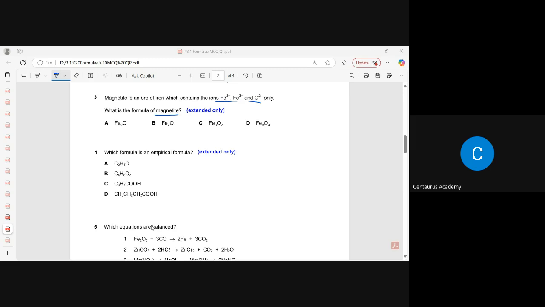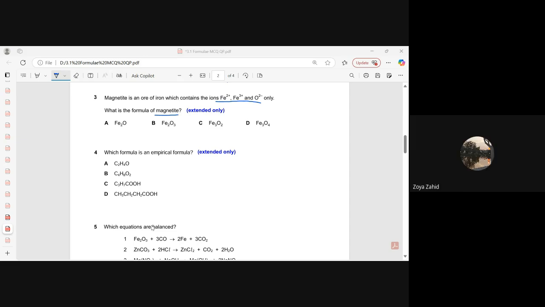Yes, what do you think the answer should be? Is it A, B, C, or D? Okay, Zoya says B. Why, Zoya? Why do you think B is the correct answer?